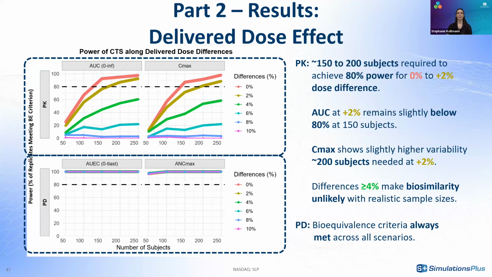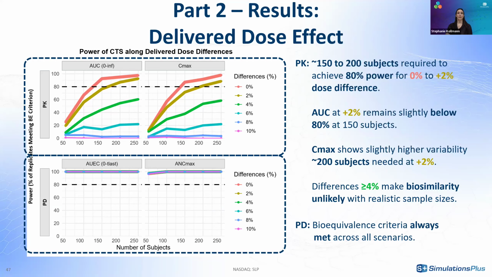For the PD endpoints, AUEC and ANC max, the bioequivalence criteria were met across all scenarios, confirming that PD responses are not sensitive to these small variations in delivered dose.